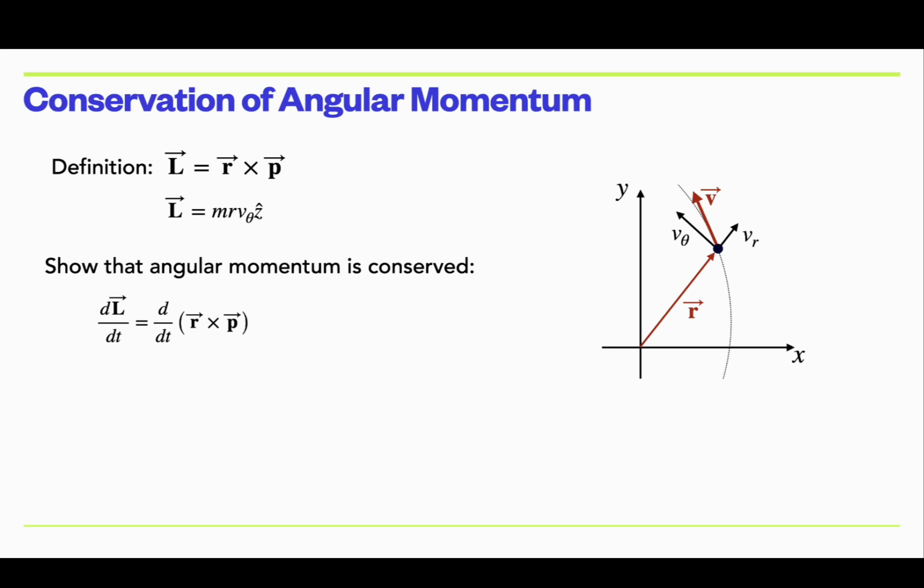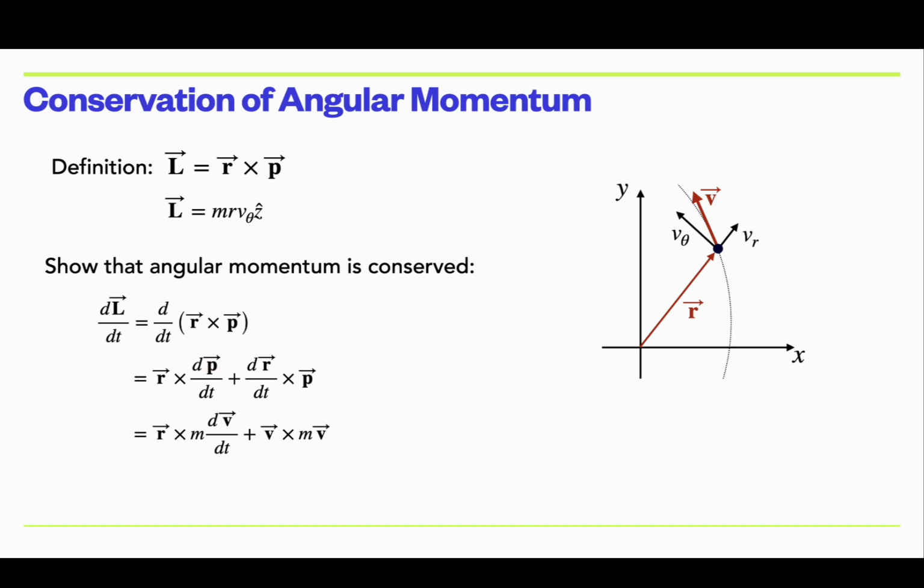So to do that, we will take the time derivative of the angular momentum vector. L is equal to r cross p. So we'll plug that in. Again, use the product rule. So we have r cross the time derivative dp dt, plus dr dt cross the momentum vector.